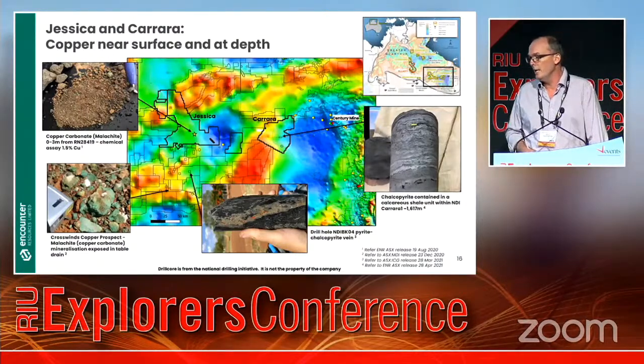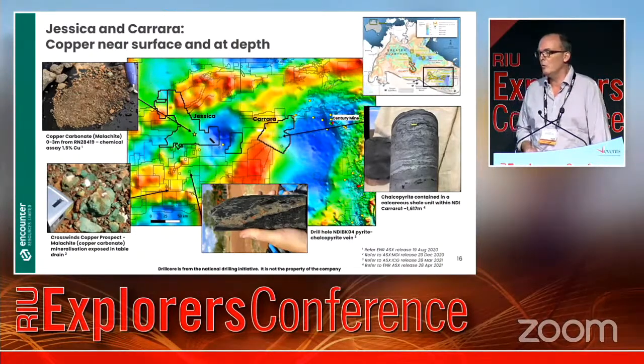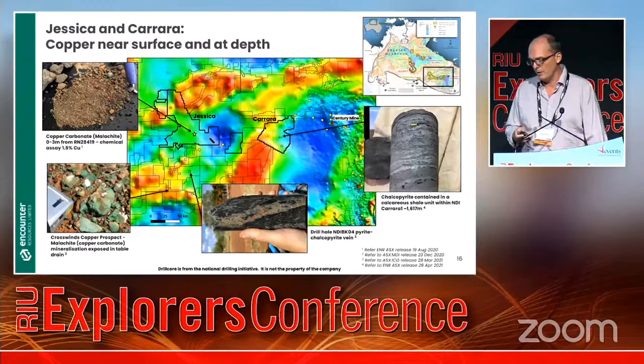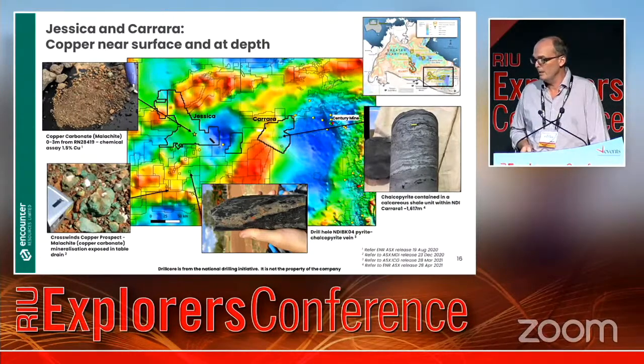Now, we've got a very large land position there, and interestingly, that untargeted stratigraphic hole once again had some copper sulphides, but had significant zinc sulphides in that core, more than's been logged so far, and we've had a look at that core.